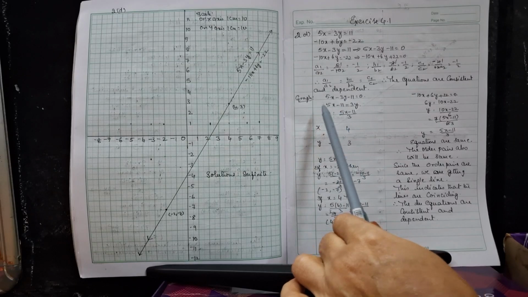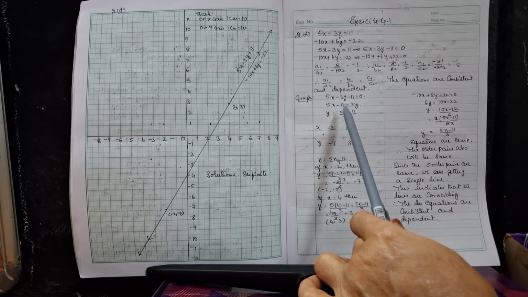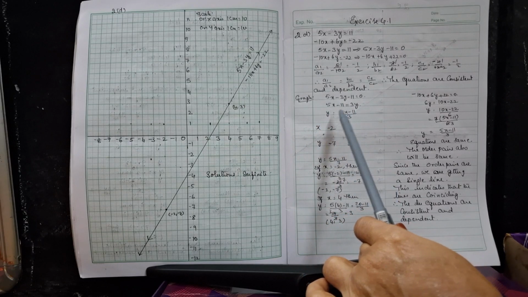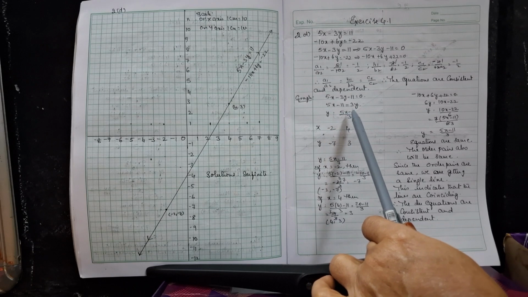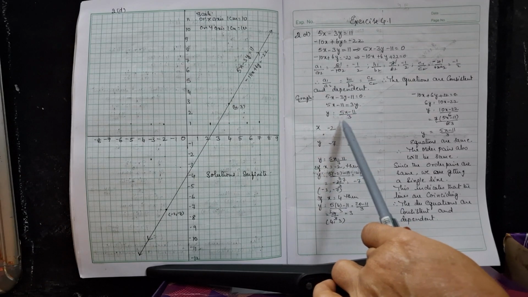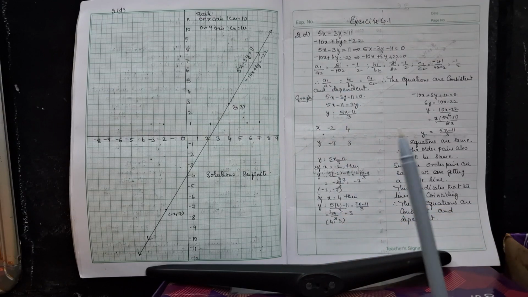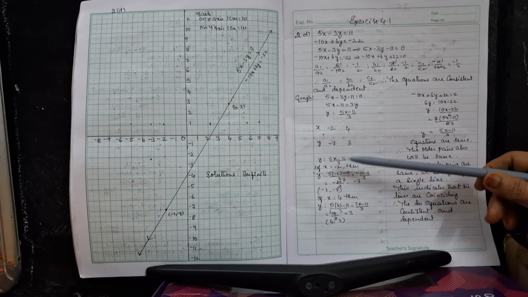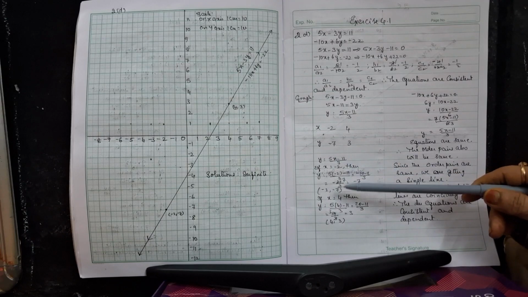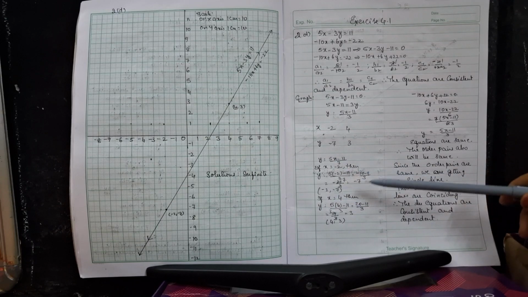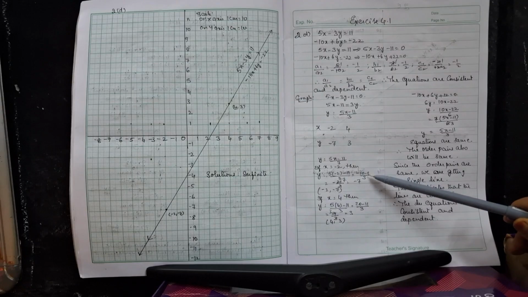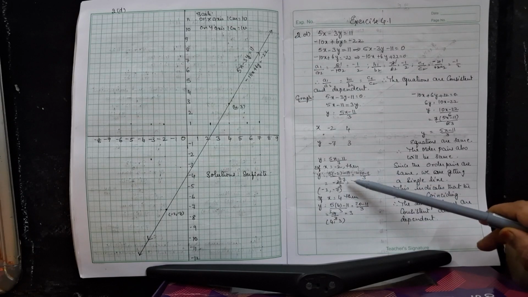So for the graph, 5x minus 3y minus 11 is equal to 0 means 5x minus 11 is equal to 3y, y is equal to (5x minus 11) by 3. I have taken x value as minus 2: 5 into minus 2 minus 11 by 3, minus 10 minus 11 by 3, minus 21 by 3, that is minus 7.